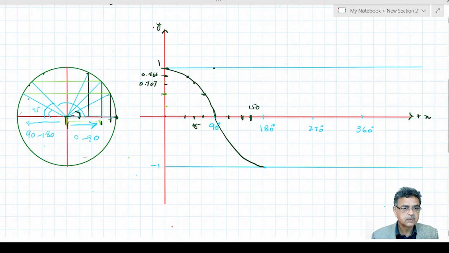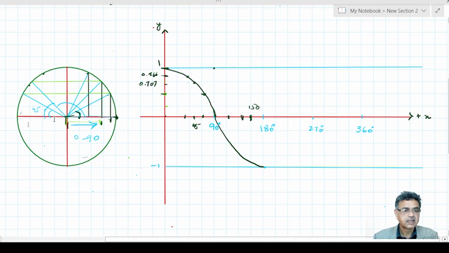Then when we move downwards, if the lines are in this quadrant, now the angle will be from 180 to 270. Then the value will once again decrease to 0 here.